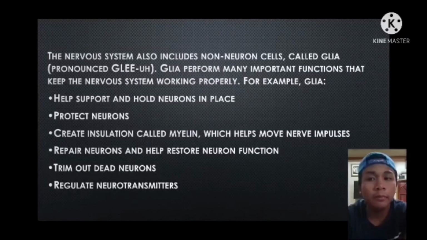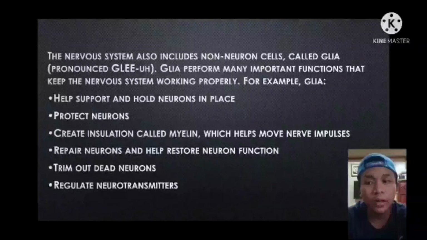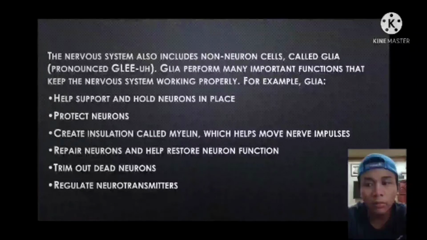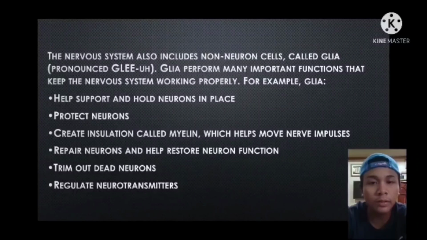Glia perform many important functions that keep the nervous system working properly. For example, glia help support and hold neurons in place, protect neurons, create insulation called myelin, which helps move nerve impulses, repair neurons and help restore neuron function, trim out dead neurons, and regulate neurotransmitters.